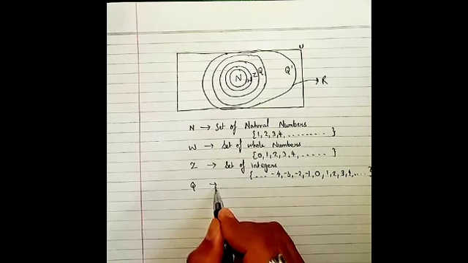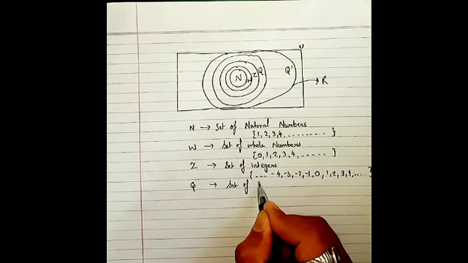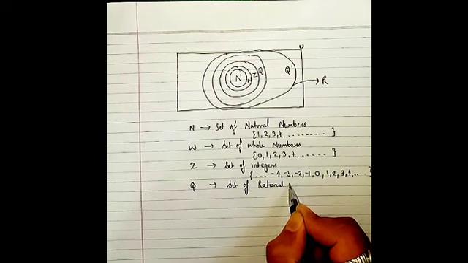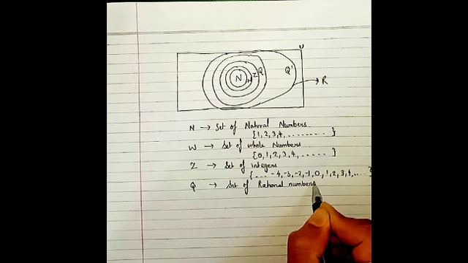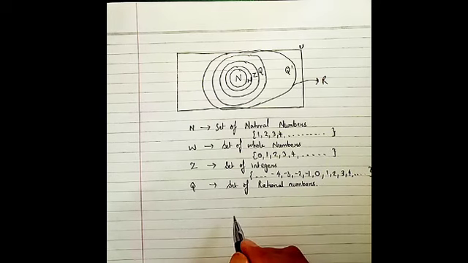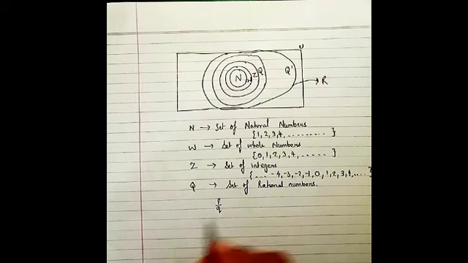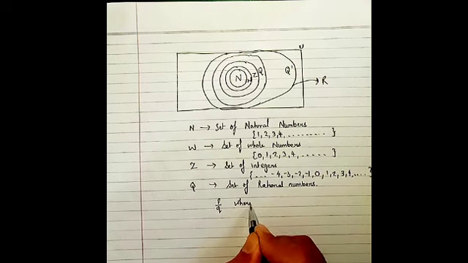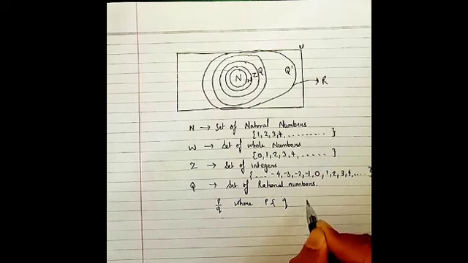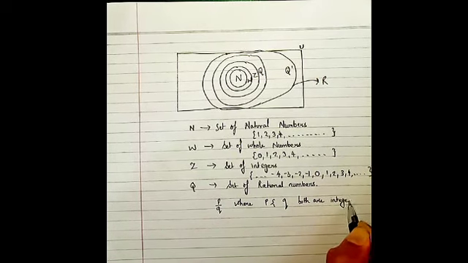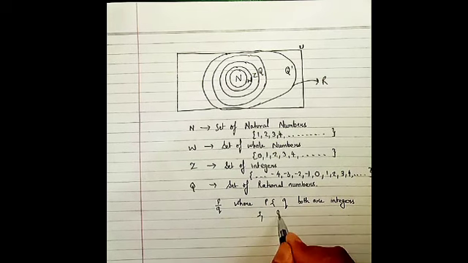Q corresponds to the set of rational numbers, and I will recall what rational numbers are. Rational numbers are those numbers which can be represented in the form of p by q, where p and q both are integers and q is not equal to 0.